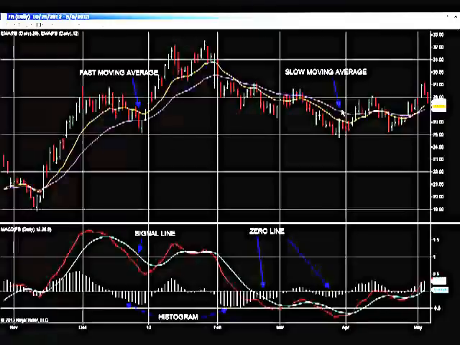When the slow-moving average is above the fast-moving average, the red line here goes below the zero line. So whenever the fast-moving average is above the slow-moving average, you have a positive red line or positive MACD line. And when the slow-moving average is above the fast-moving average, you have a negative MACD. The MACD is below the zero line.